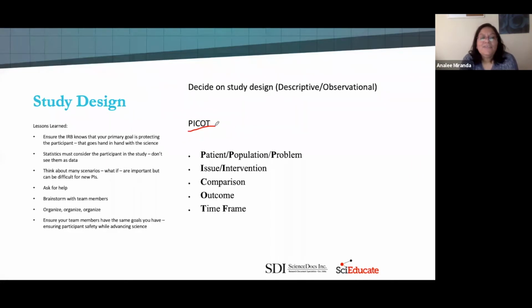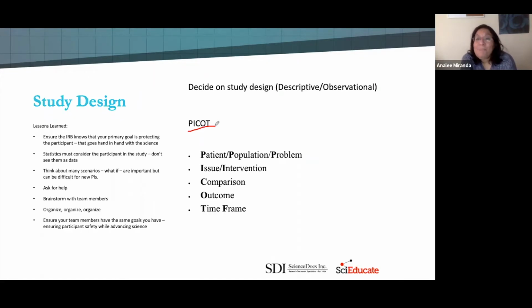Okay, so with everything having to do with study design, and thinking about the type of study design that you're going to choose, if it's going to be descriptive, observational, or experimental, you want to ensure the IRB knows that your primary goal is protecting the participant. That goes hand in hand with the science.